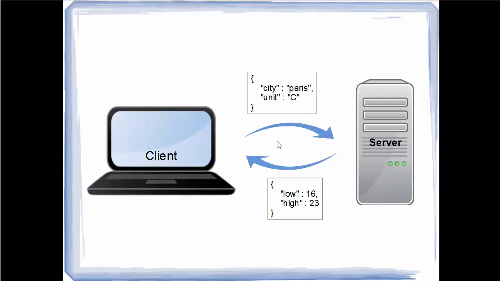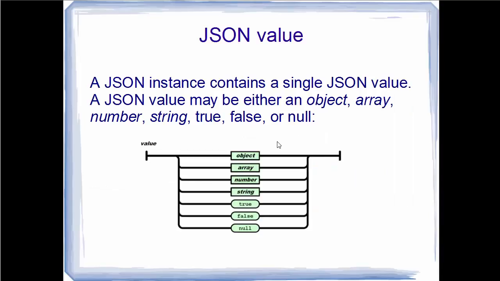Now the question arises: which kind of data can you send using JSON? Let's see what values you can use to send data. In JSON, you can send data in the form of these data types which are in this picture.